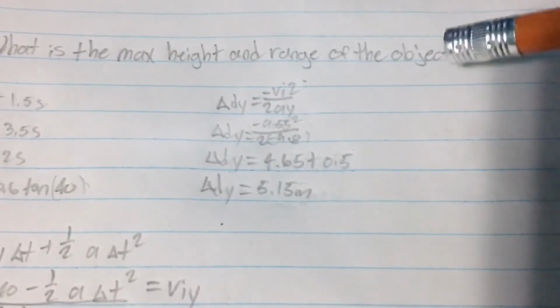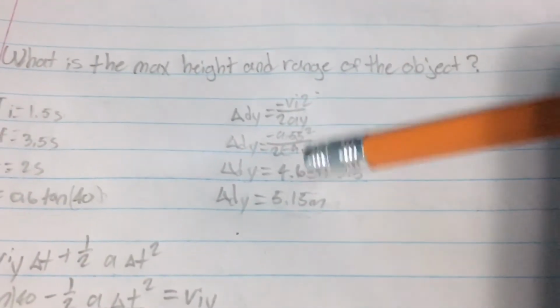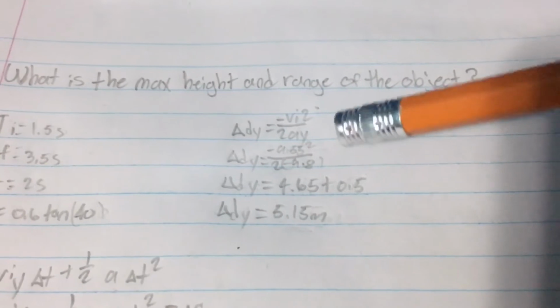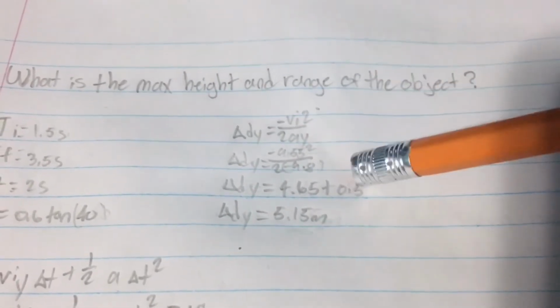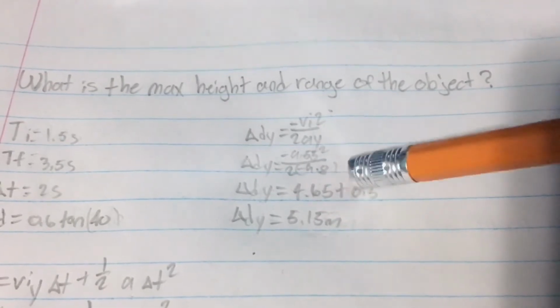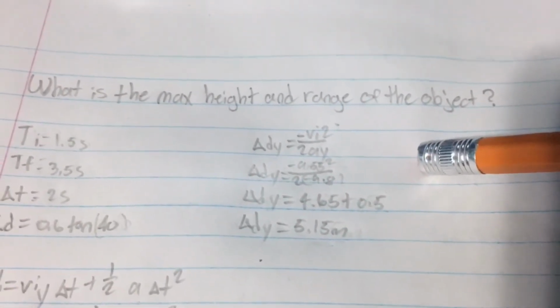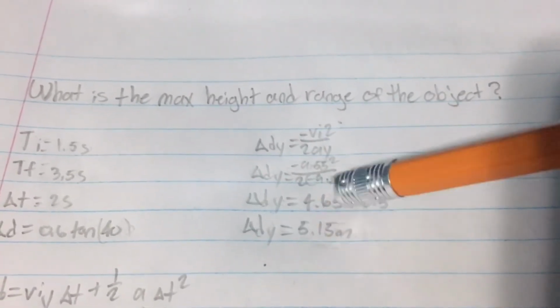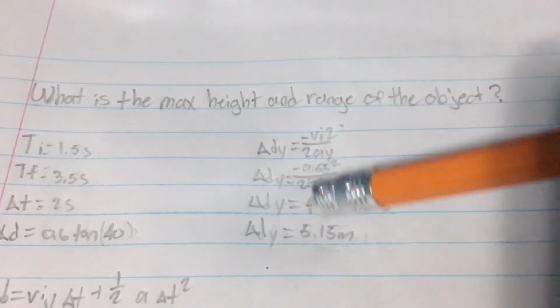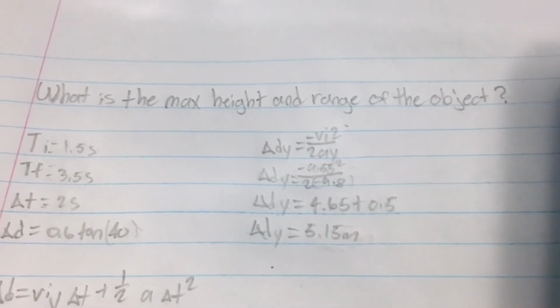Finding out the initial velocity in the y from the previous equation, which did equal 9.55, allowed me to plug it into this equation and find out the max height, which ended up being 4.65 meters. Now I added 0.5 because that is the length of the object, so adding that to the 4.65 would equal a total max height of 5.15 meters halfway.